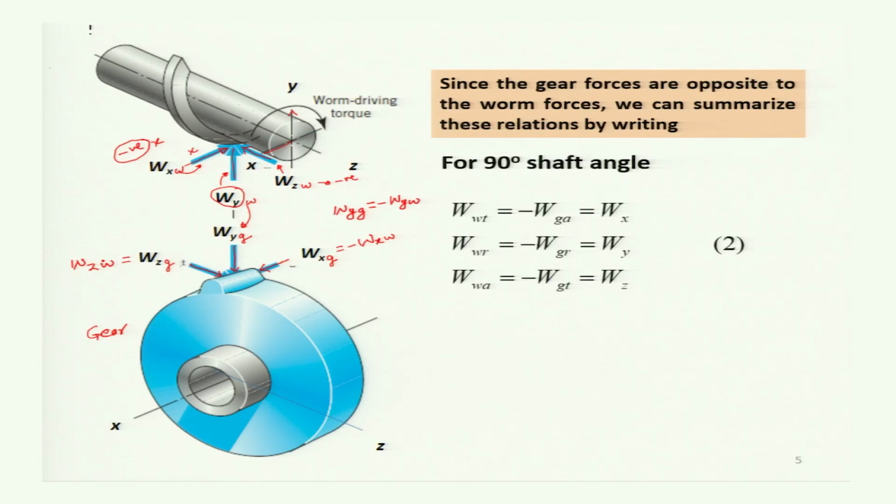Now, the forces which we have determined on the worm in the x, y, z directions can be designated in terms of the tangential force, radial force and the axial force.